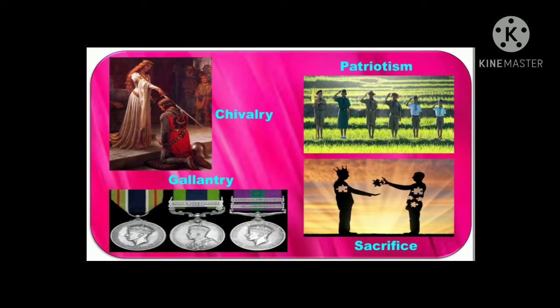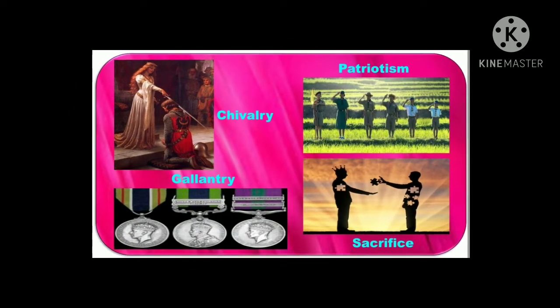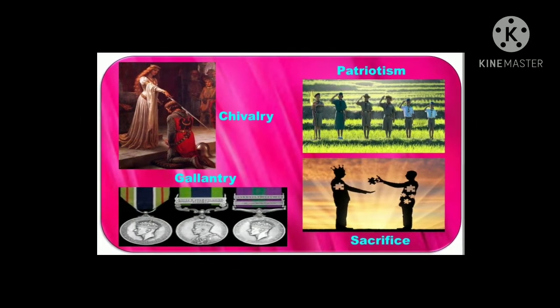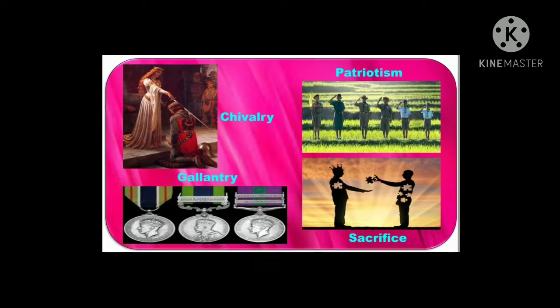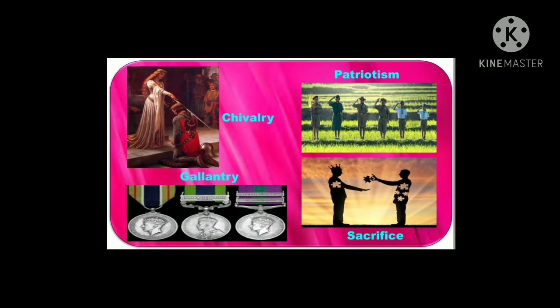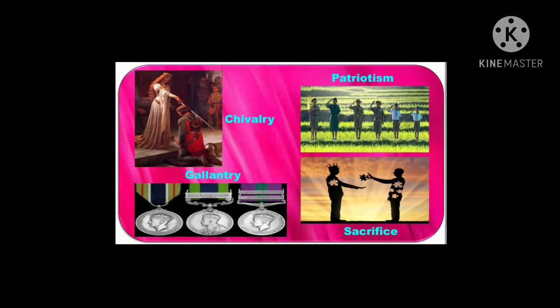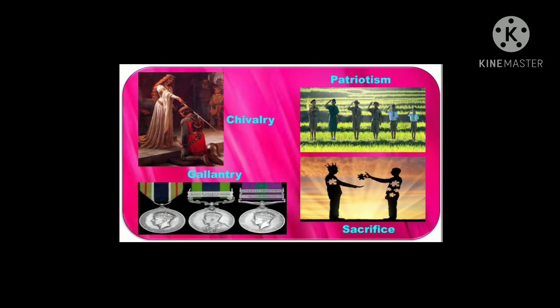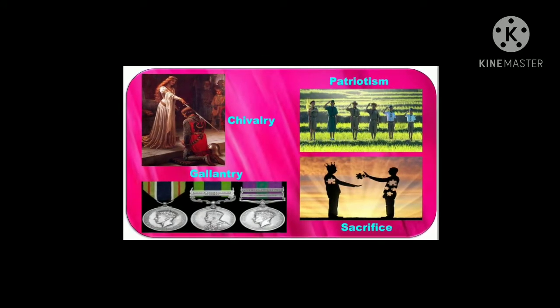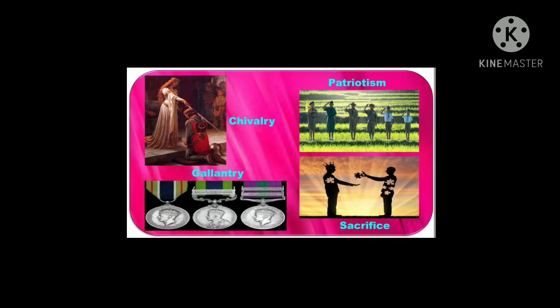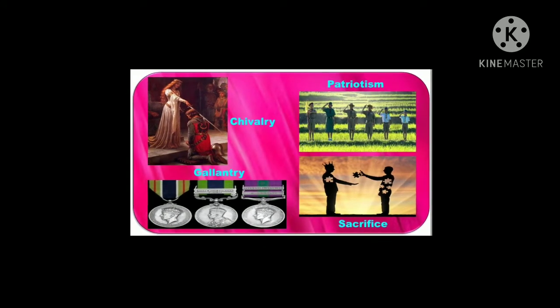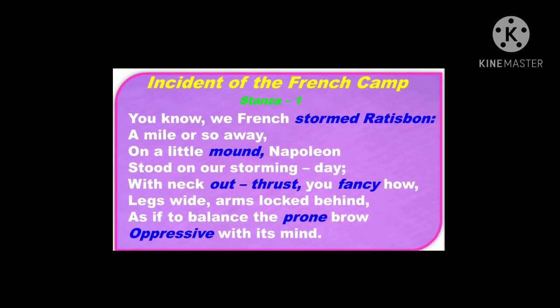After they had achieved triumph, the news of the victory was conveyed to the Emperor Napoleon Bonaparte by that young soldier who was brimming with pride and glory, although he was on the verge of death. Thereafter, the wounded soldier breathed his last. Let's see the poem in detail.